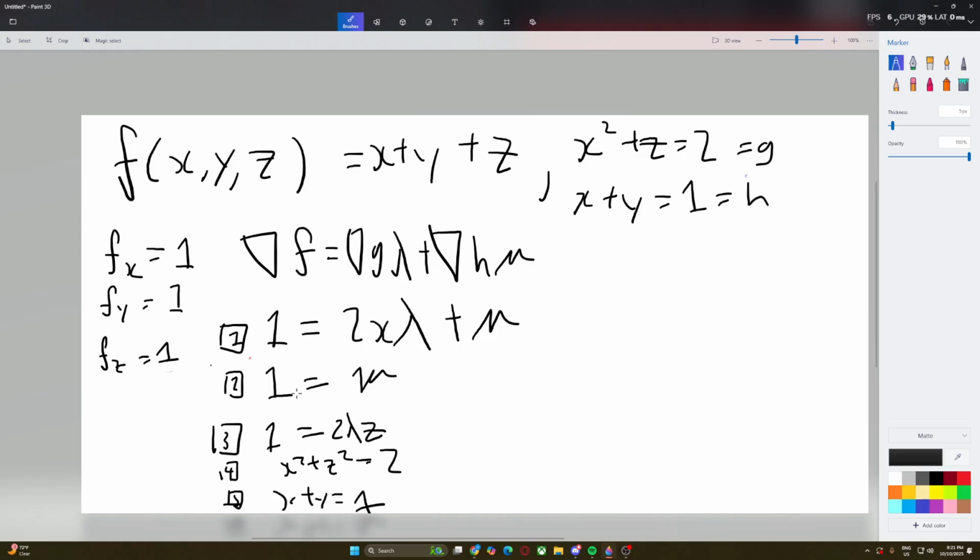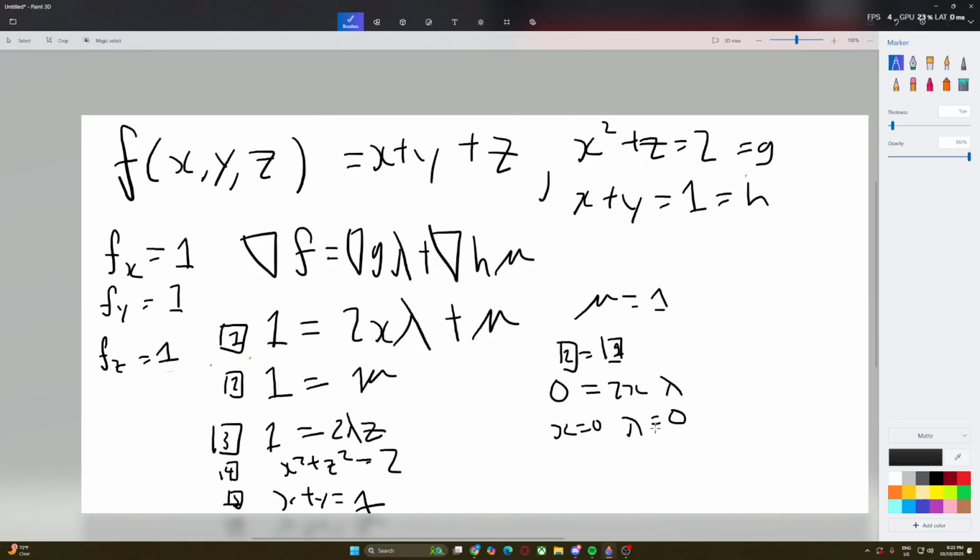So straight off the bat, we already got that mu equals 1. And because of that, we can actually sub it into equation 1. So equation 2 equals equation 1, or sub in, and then we just get 1 equals 2x lambda plus mu, and that would just be 0 equals 2x lambda. And then you'd get the answers x equals 0, and whatever this is equals 0.